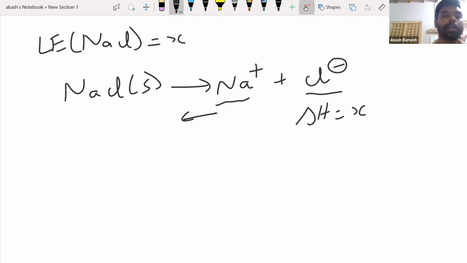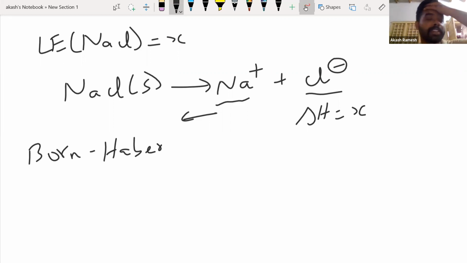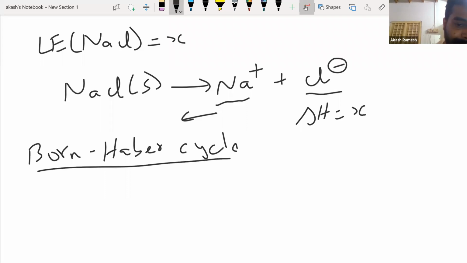Actually there are two scientists, Born and Haber. These people gave us a method for finding the lattice enthalpy. So now I'm going to see something called the Born-Haber cycle.